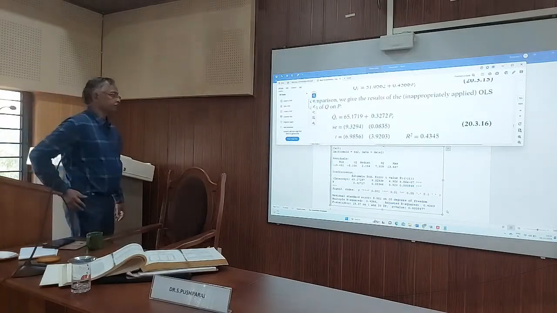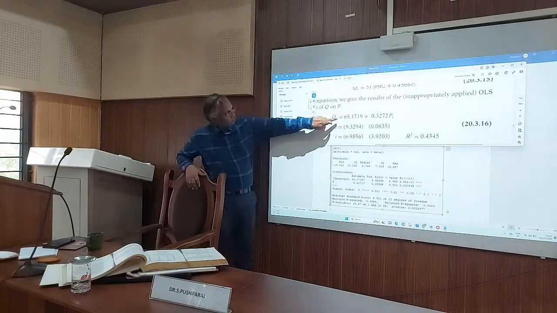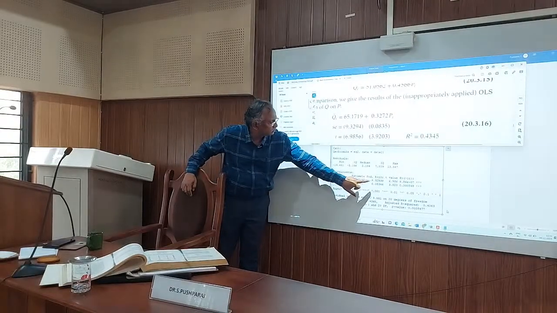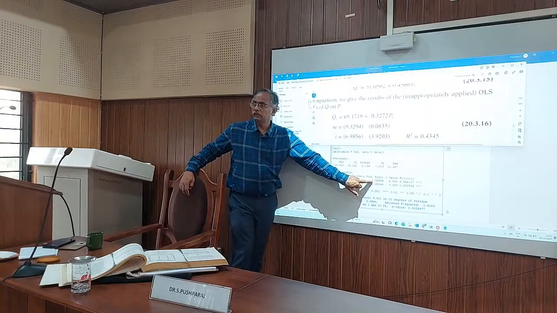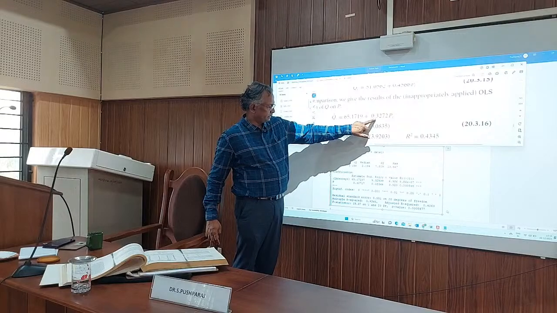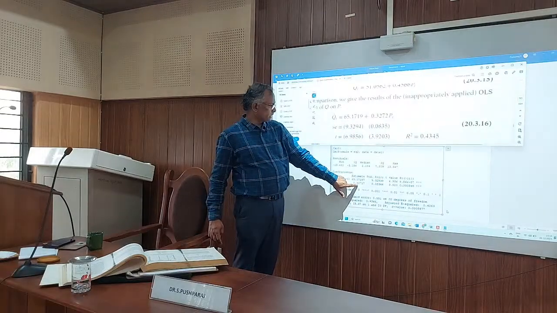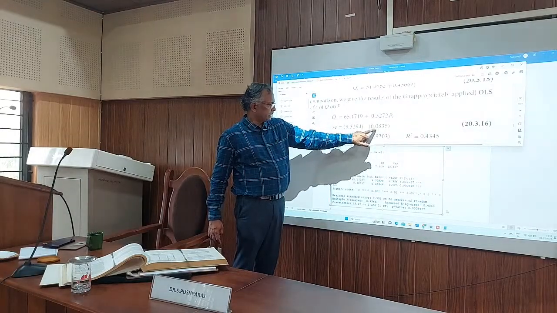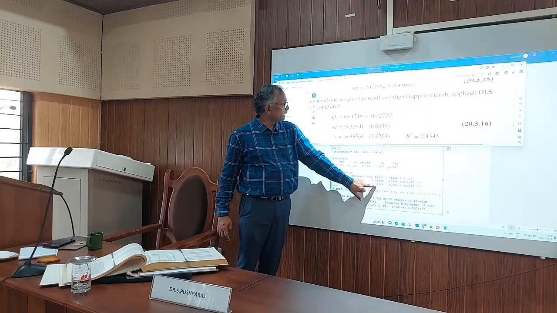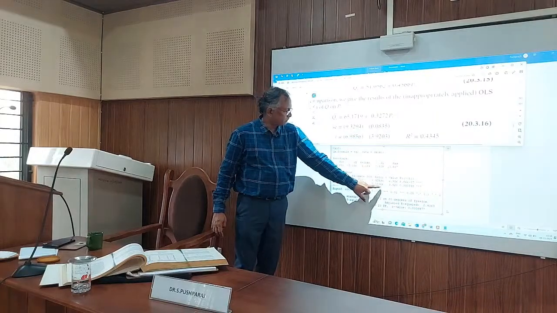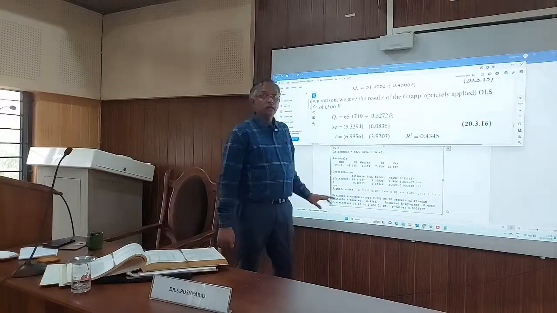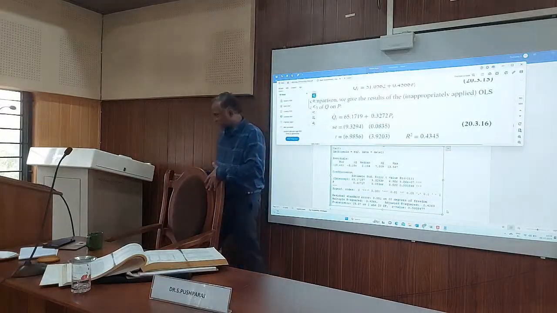So you can compare this and this. Standard error, right? And this is the coefficient of P, 3272. Standard error 0834, 0835, and T values and corresponding P values. So this is OLS.